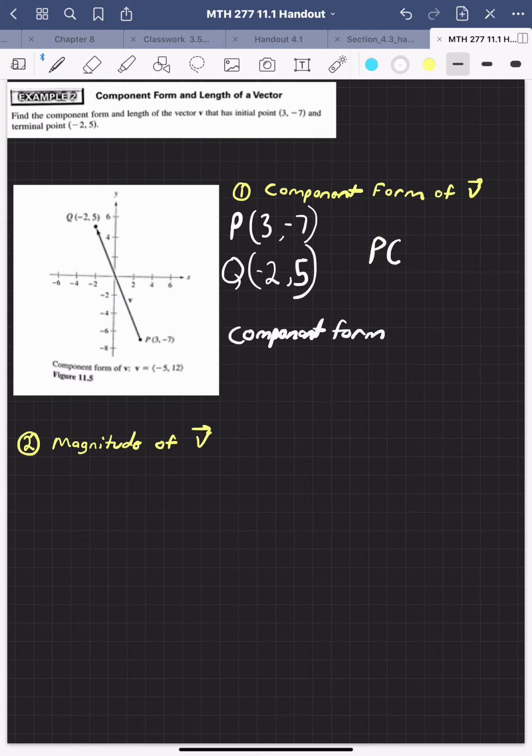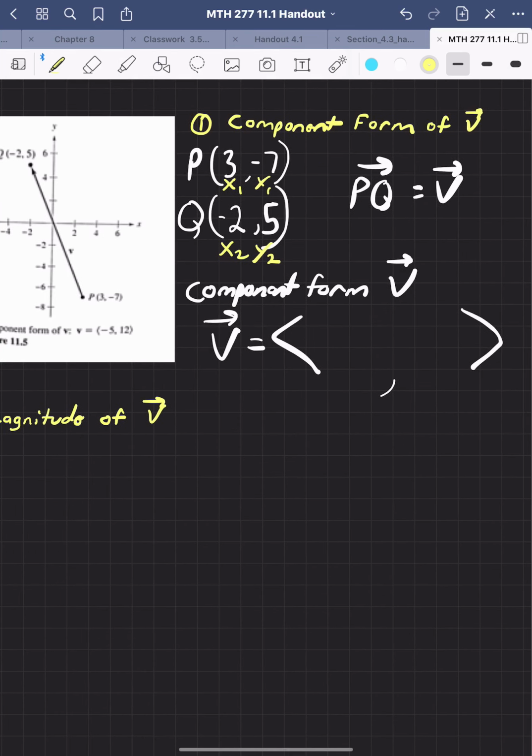We're told that P to Q is equal to v, but we just want the component form of v. All that's required is that you label this x sub 1, y sub 1, x sub 2, y sub 2, if that's helpful, and then fill everything in.